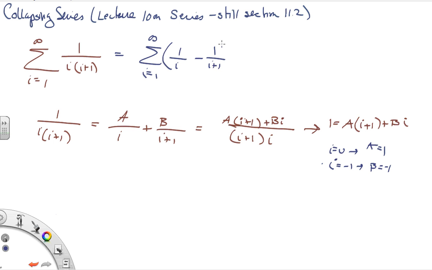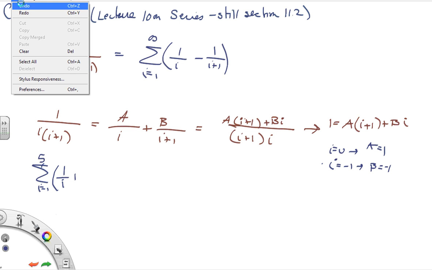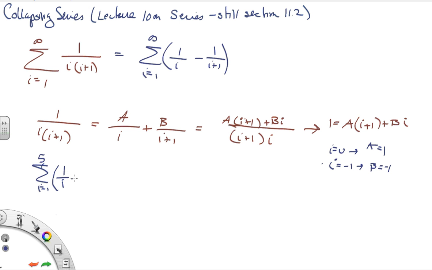So let's look at the partial sums of this series. Let's look at the fifth partial sum, I equals 1 to 5 of 1 over I minus 1 over I plus 1.